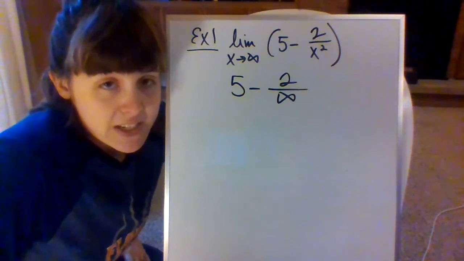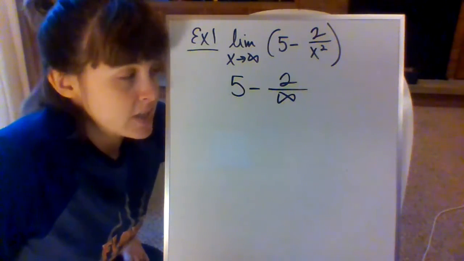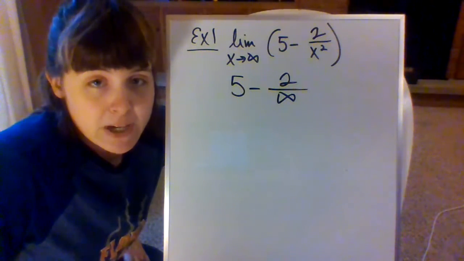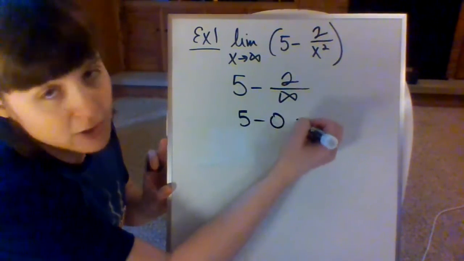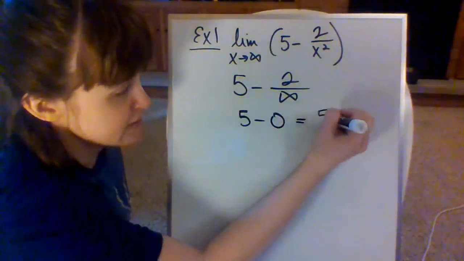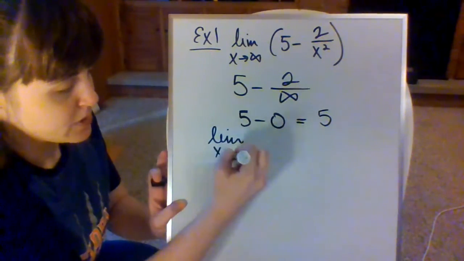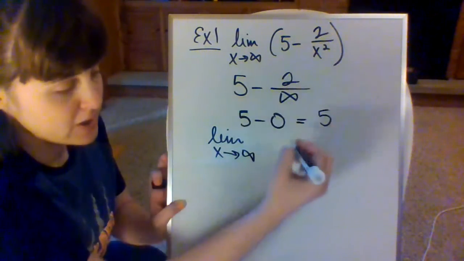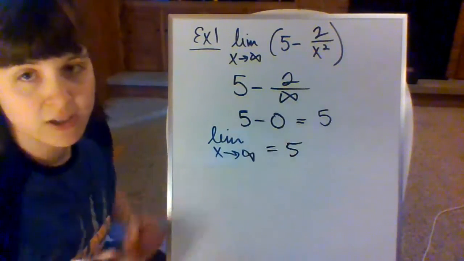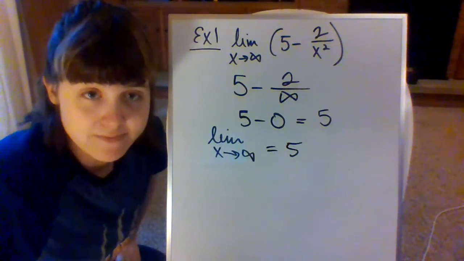If infinity is on the top of the fraction, that part equals infinity. Since it's on the bottom here, we're going to have 5 minus 0, which is 5. So the limit as x approaches infinity of 5 minus 2 over x squared equals 5. That's the first one.